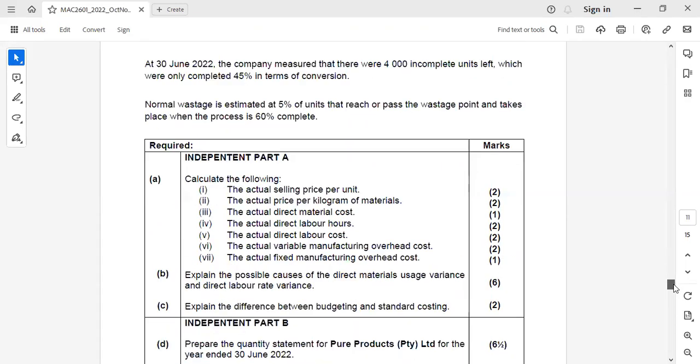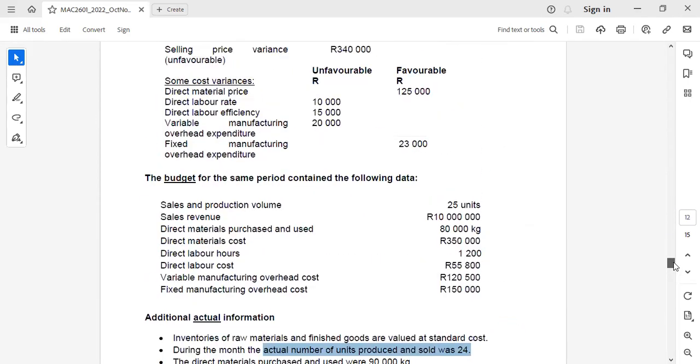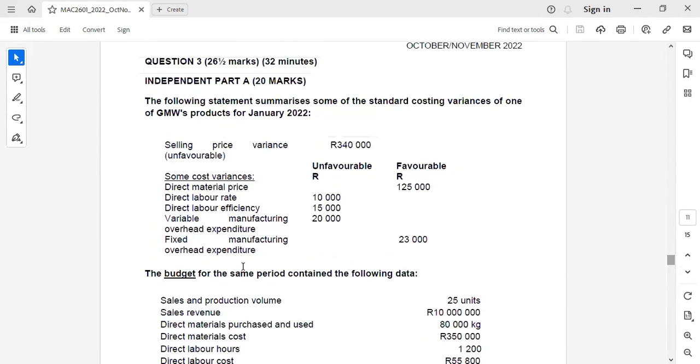Right. Then the next thing, actual price per kilogram of materials. You can check the direct material price variance. Our direct material price variance is 125,000 favorable.